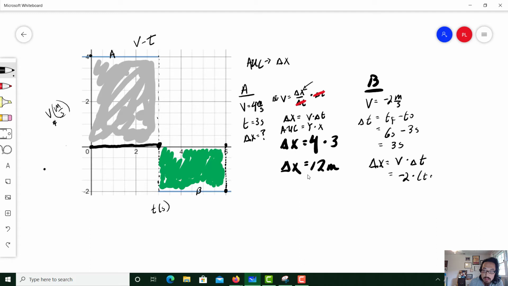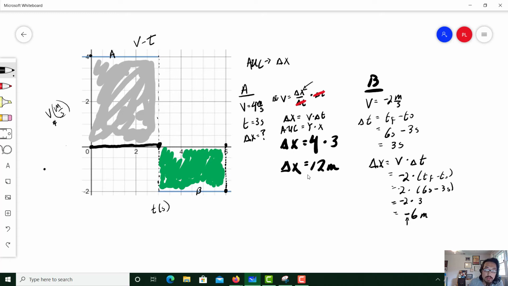And so we can say t final minus t initial, which is -2 times 6 seconds minus 3 seconds. For -2 times 3, that gives us -6 meters. Now remember, this negative doesn't mean that it's small. It just means that it's going in the reverse, or it was a reversal of the displacement. It's just a direction.